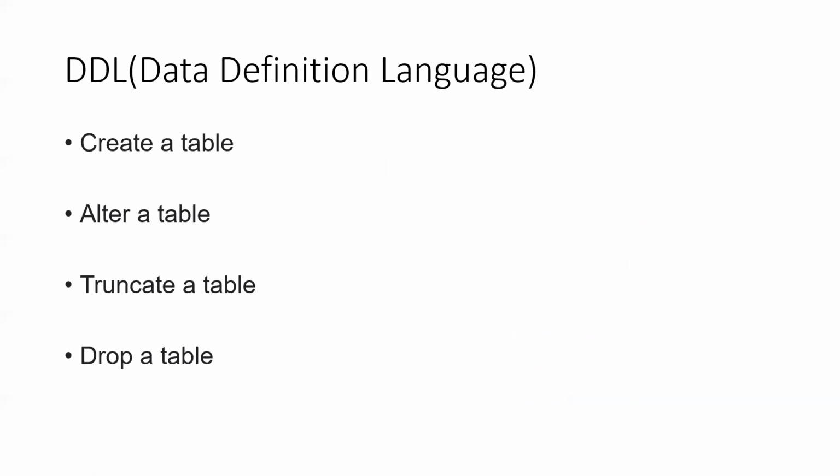Table is the basic component, the basic unit of the database, so we'll be working only on tables. On the last day of this database management system course, we can quickly touch the other components, like views, stored procedures, indexes.